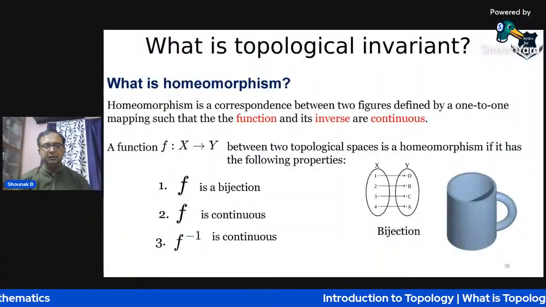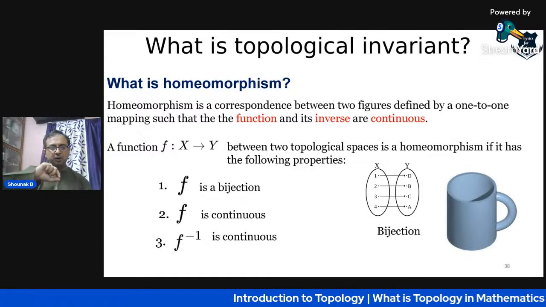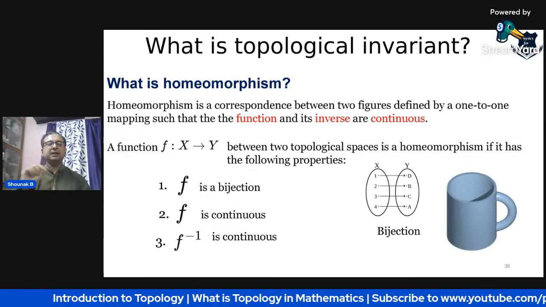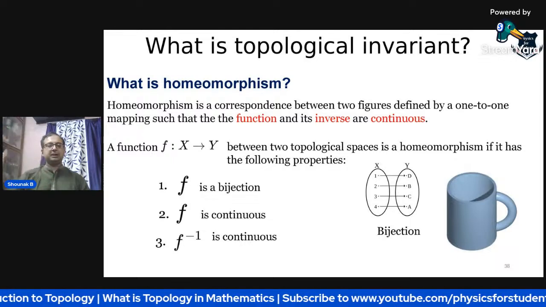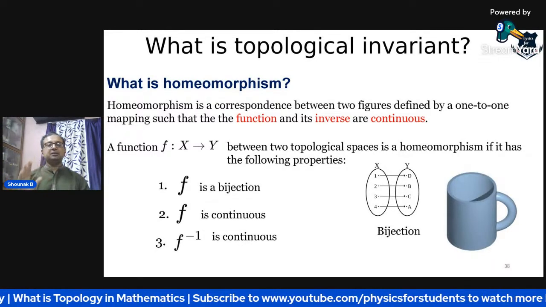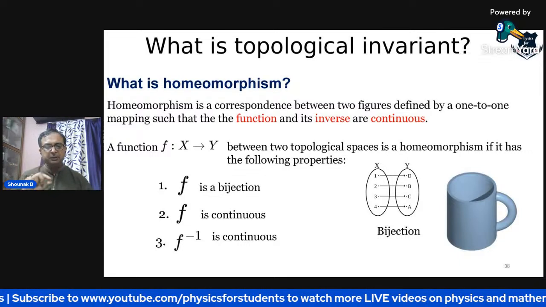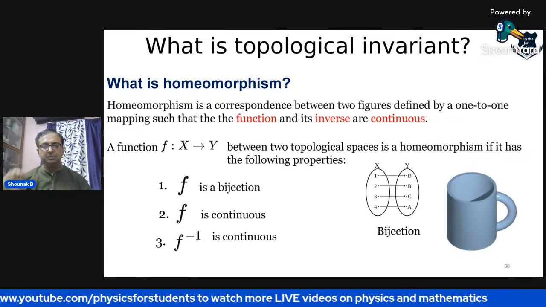Second part is that if we are going through a continuous homeomorphism, the definition is given over here: it is a one-to-one mapping from the function and its inverse. That means we can get things directly into an abstract object, and thereby we can call it topologically invariant if between two topological spaces there is a homeomorphism.